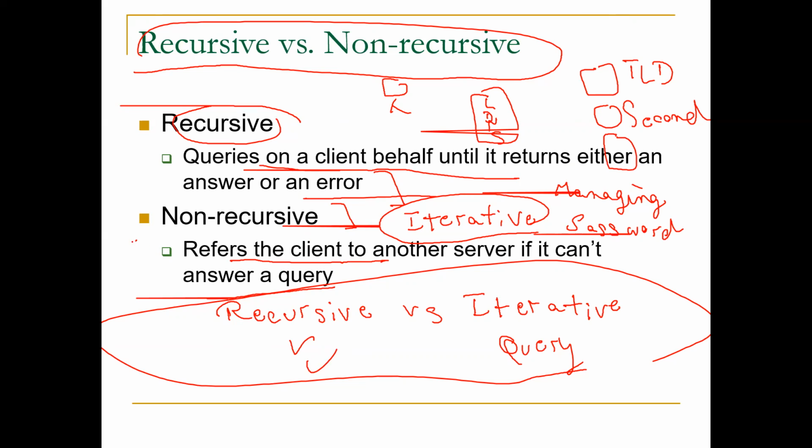The manager refers them to Vijay, saying go to Vijay, he has your answer. So it refers the client to another server until it can find the answer to the query. That is called iterative versus recursive.